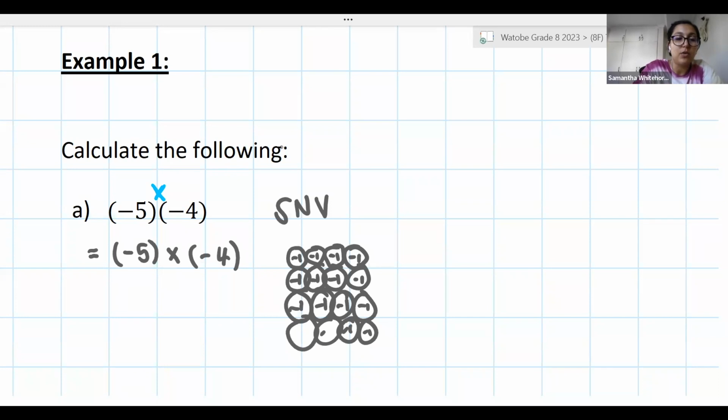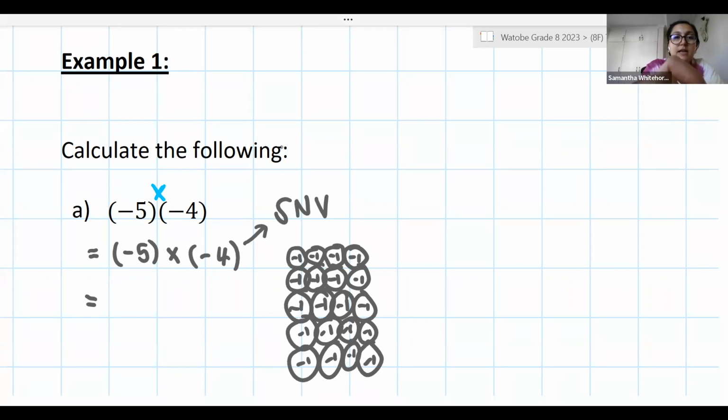Right, so now that we know what we're multiplying, we can go and do that. Now, obviously, if we had all of these circles, we could just count how many -1s we have and we'd get an answer. But obviously, that doesn't really help when we start to deal with much bigger products. And so this is now where we go to SNV. So our first question is, what sign do I get?